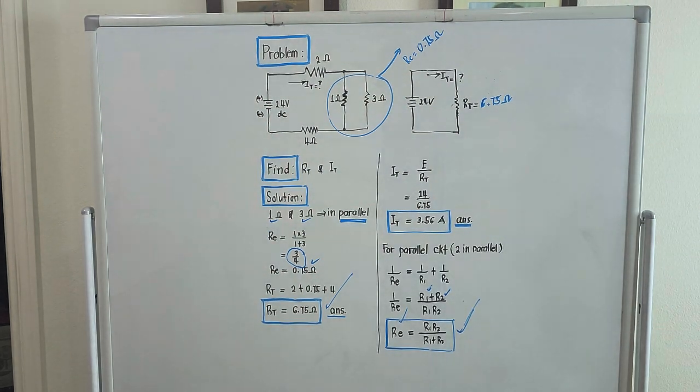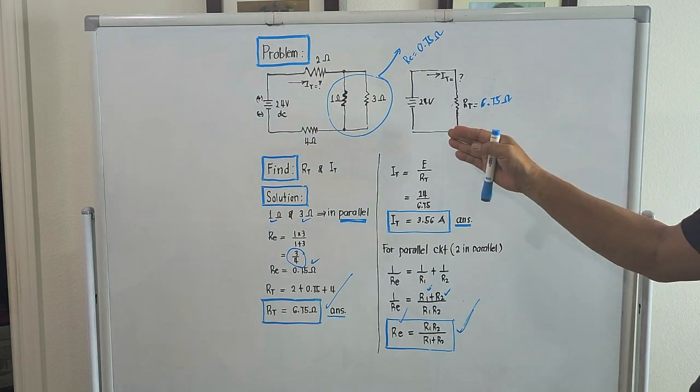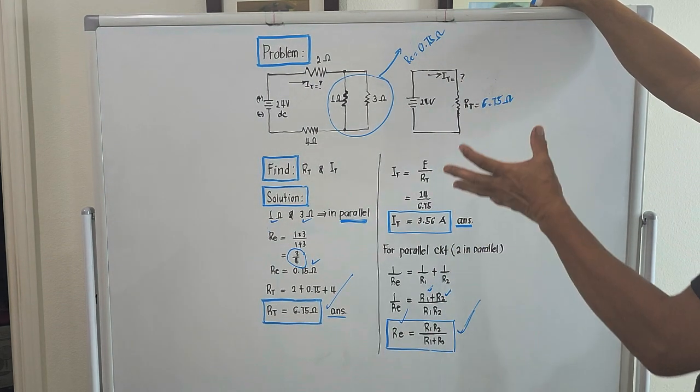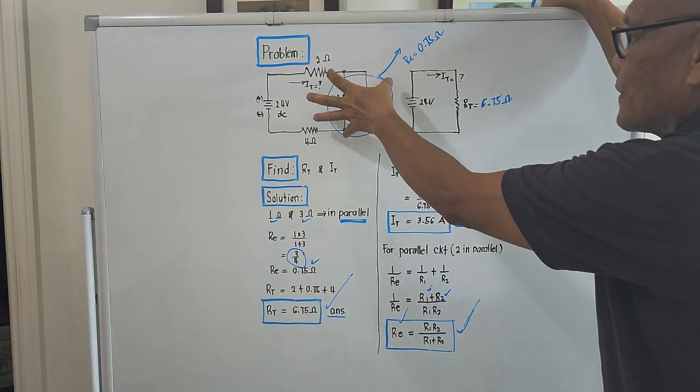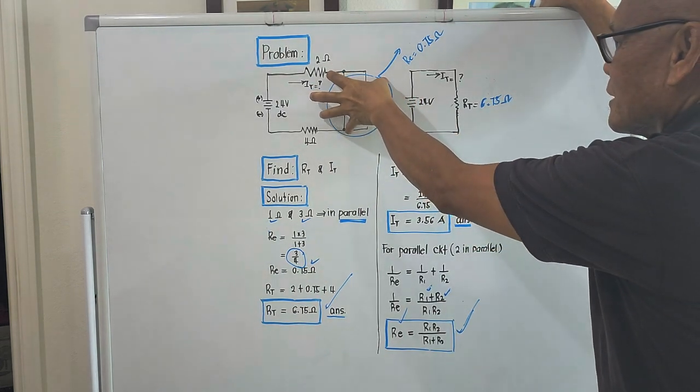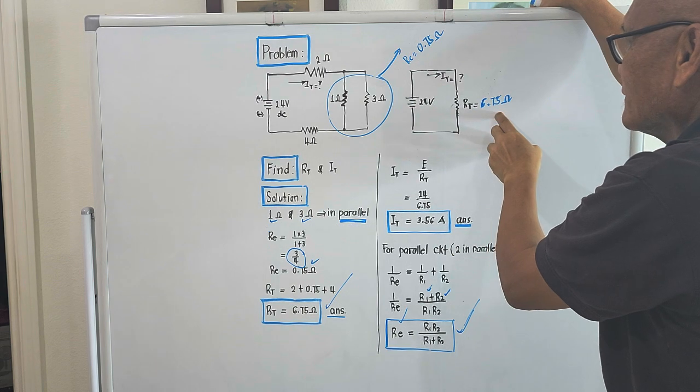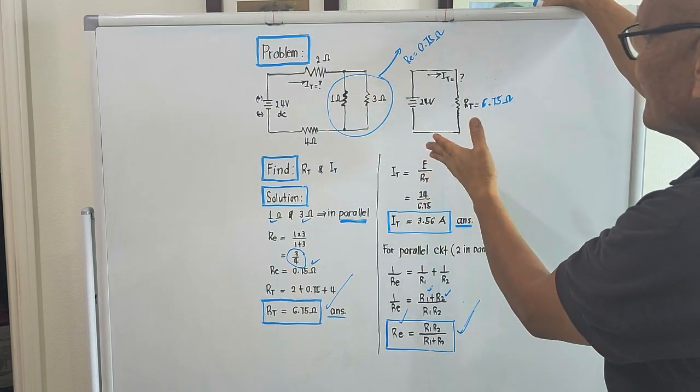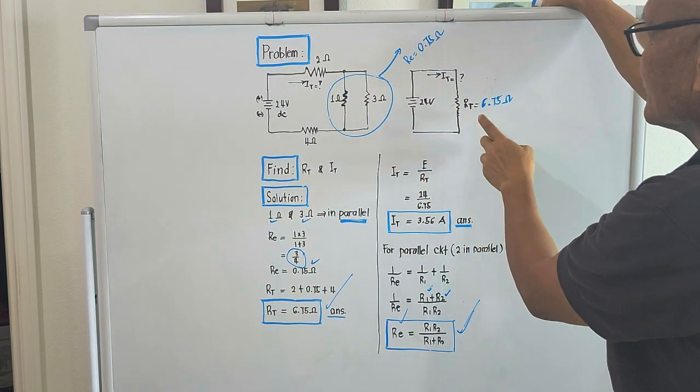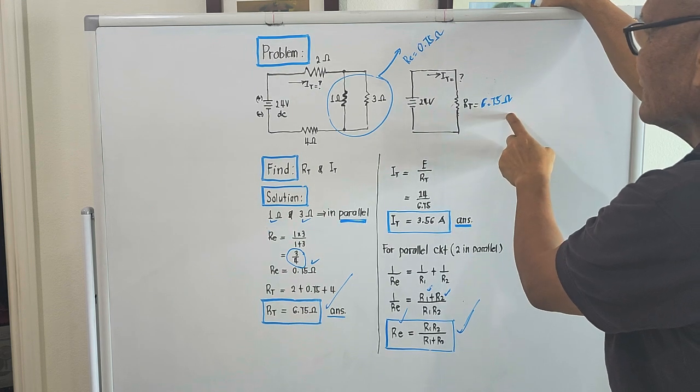Okay? How could you compute for the current now? Since we know the compressed equivalent of the total resistance is here as 6.75, it seems we are just given a voltage source in which the total resistance is 6.75.